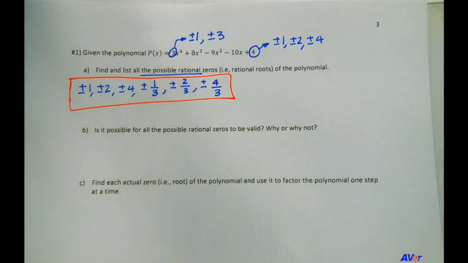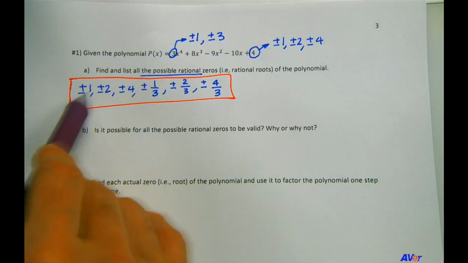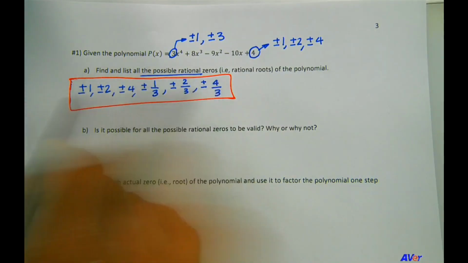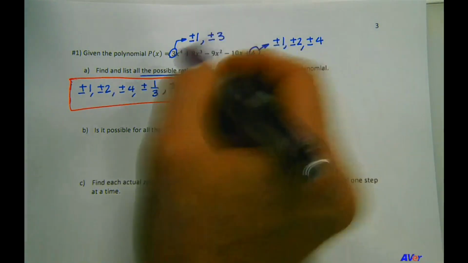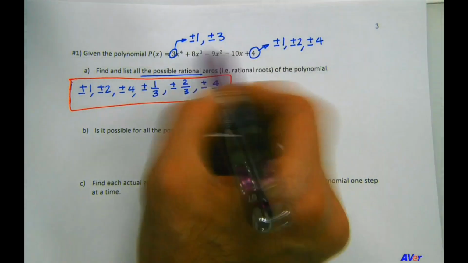Will all of these work? Is it possible that all of these work? Absolutely not. Because how many do we have? We have 2, 4, 6, 8, 10, 12. We have 12 possibilities for rational zeros. But what is the maximum number of rational zeros this polynomial can have? Look at the highest power.